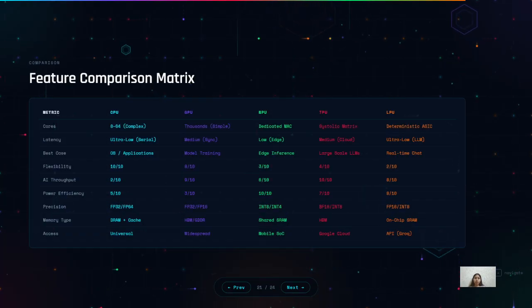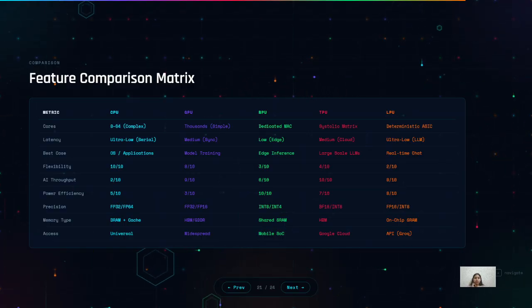When we compare all architectures together, a clear pattern appears. CPUs prioritize flexibility, GPUs prioritize throughput, TPUs prioritize tensor efficiency, NPUs prioritize power efficiency, and LPUs prioritize latency.